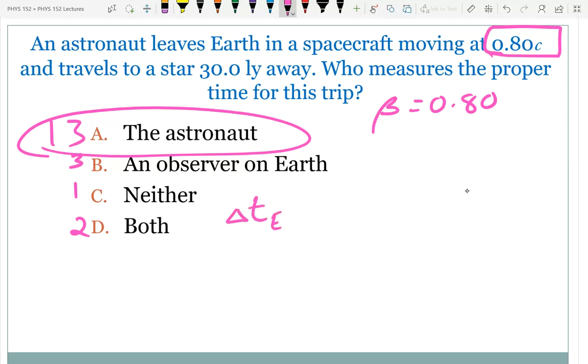Delta T Earth is equal to that distance divided by the speed. So we have 30 light years divided by 0.80 C. Remember, a light year is a year times the speed of light.